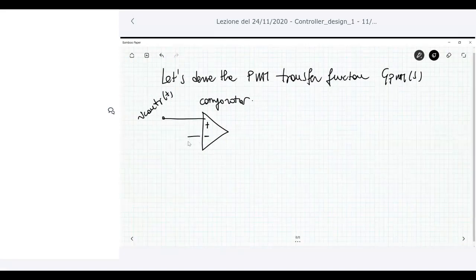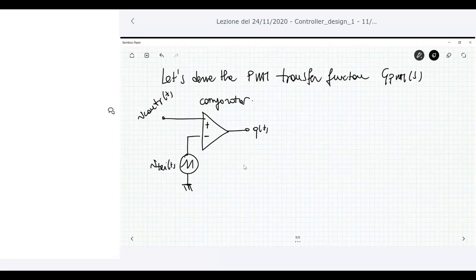And at the other input, it has a triangular waveform. Let's say V triangular. The output is called Q. Q is my unitary switching function. Okay, it's a function that ranges from 0 to 1, and its average value is the duty cycle.